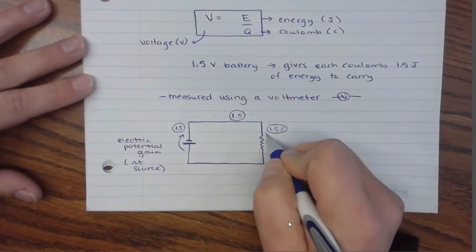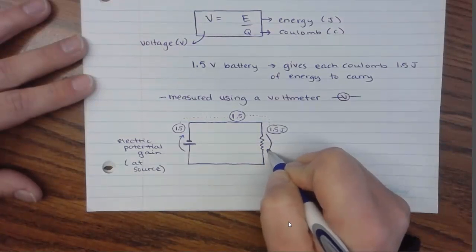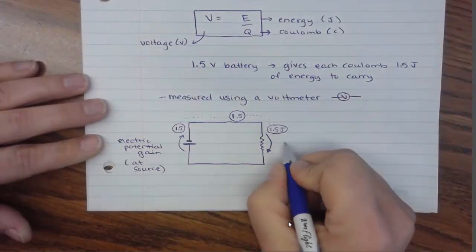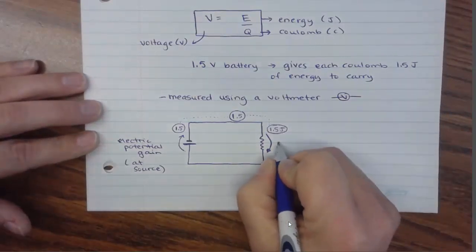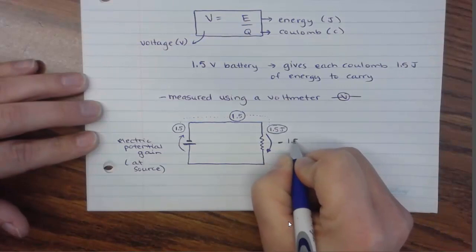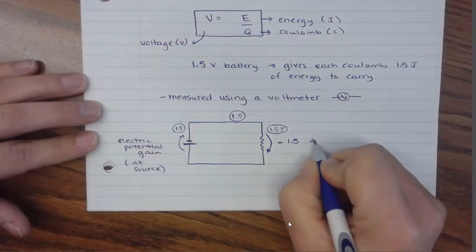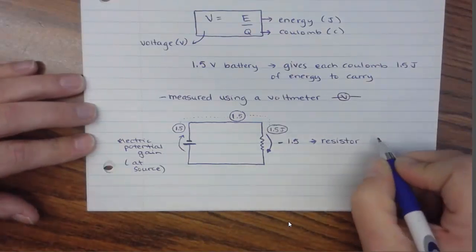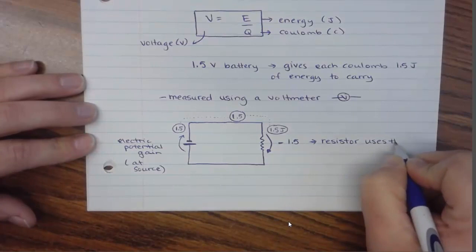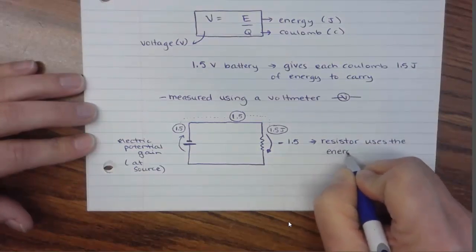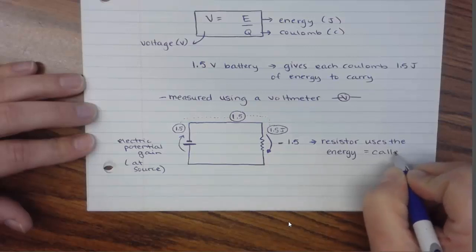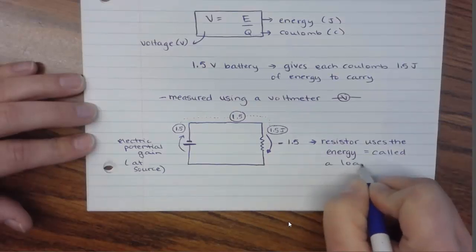When they get to the resistor, and when they have to go through the resistor, and resistance is the next thing that we're going to look at in our discussion on what's in a circuit, they lose 1.5 joules of the energy. So our resistor, which is that crinkly line there, uses the energy. And anything that uses energy in a circuit is called a load.